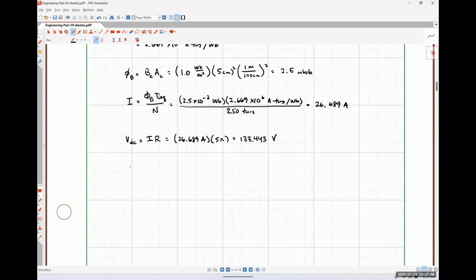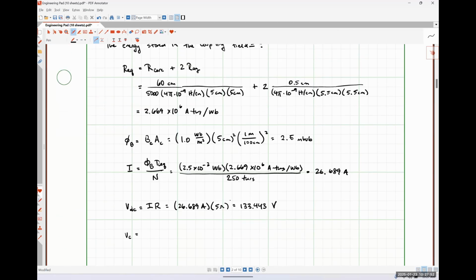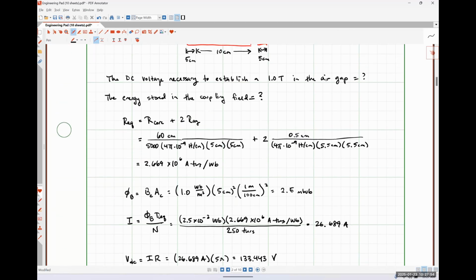So how might we figure out the volume of the core, given that we already know the core's length is 60 centimeters? So it's just going to be the length of the core times the cross-sectional area of the core.